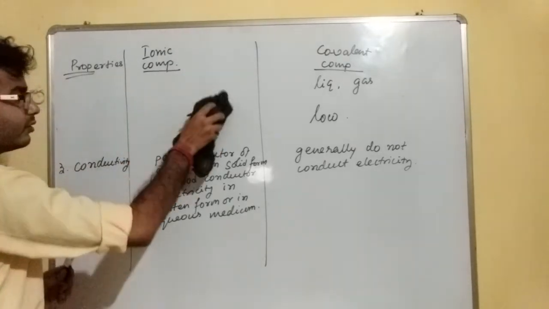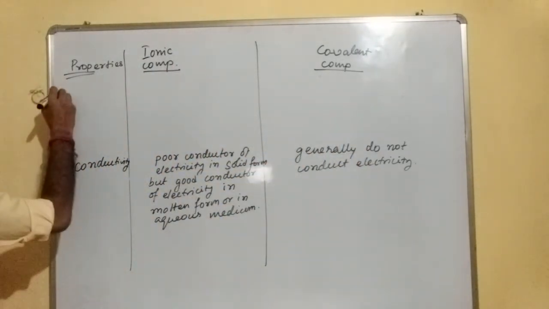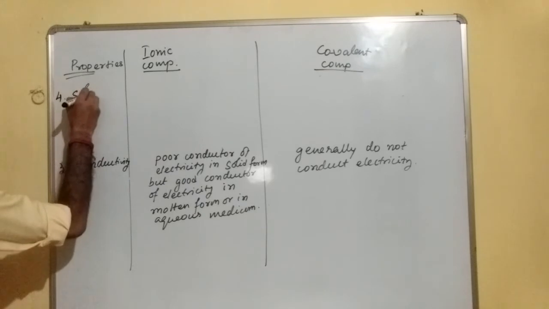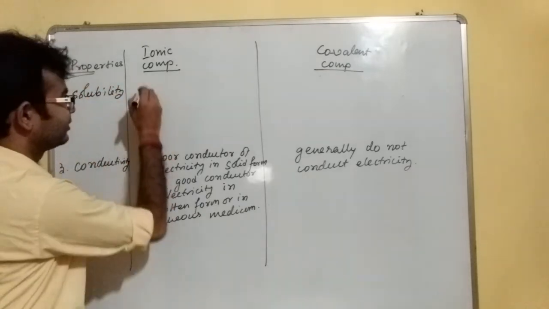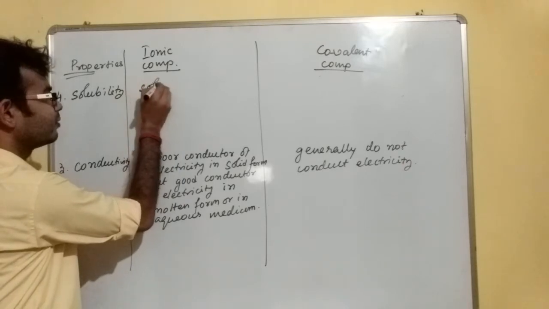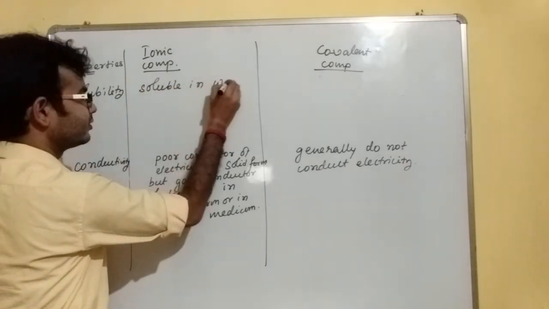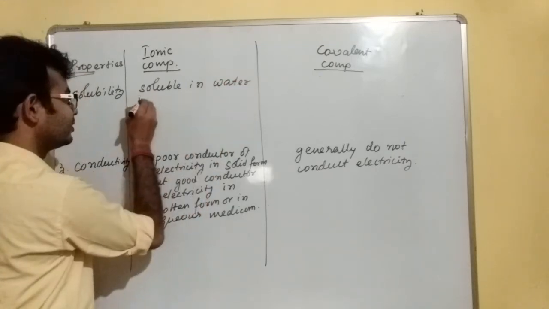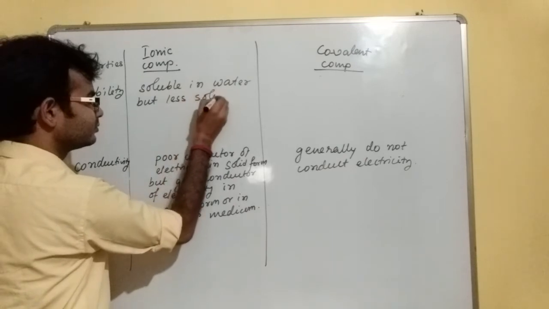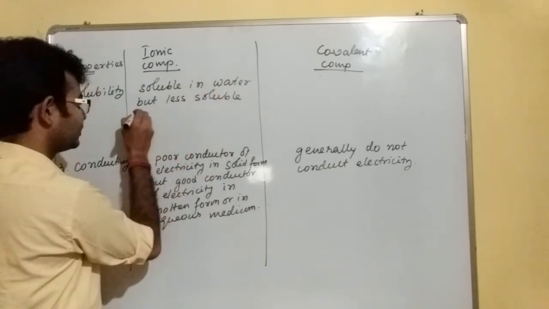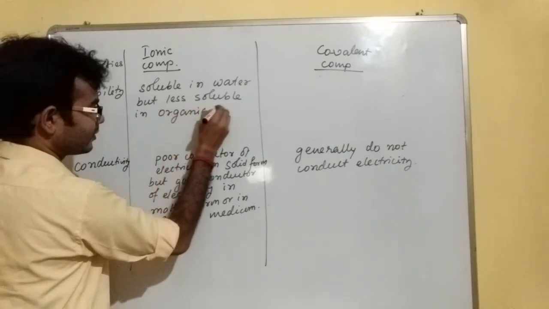I'm just writing here the fourth point, that is solubility. Ionic compounds are soluble in water, but less soluble in organic solvent.